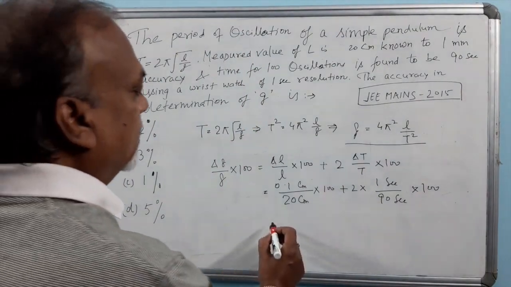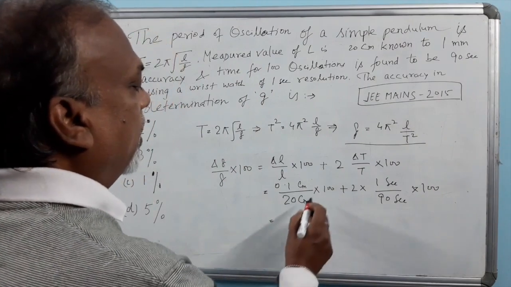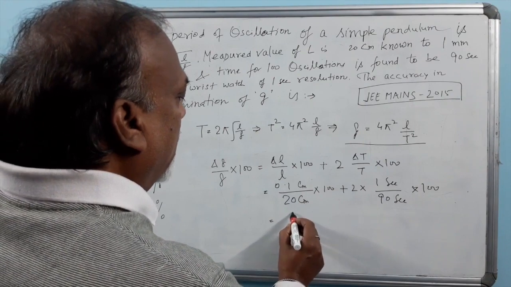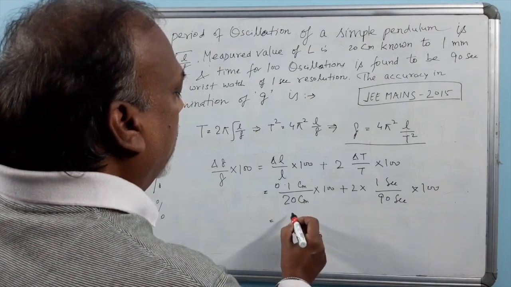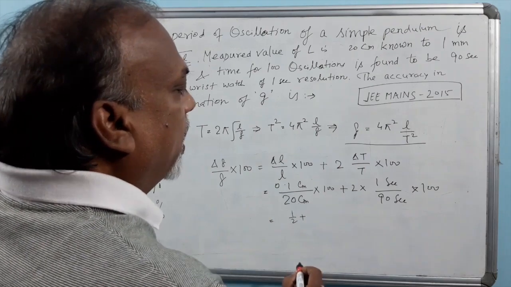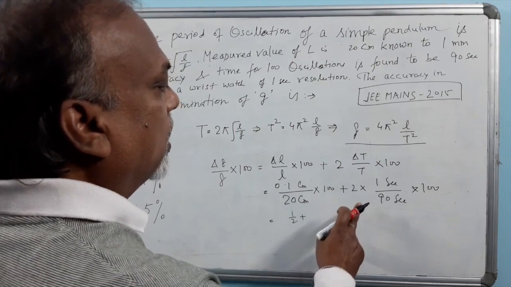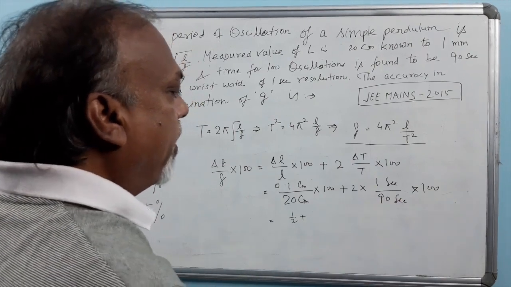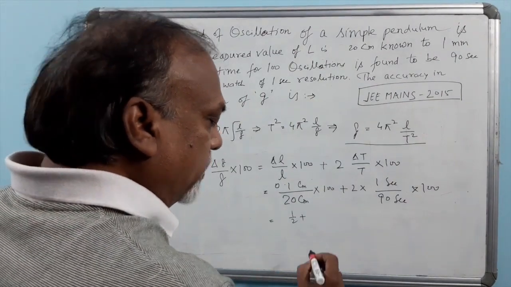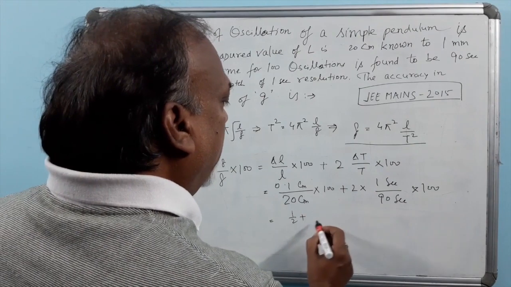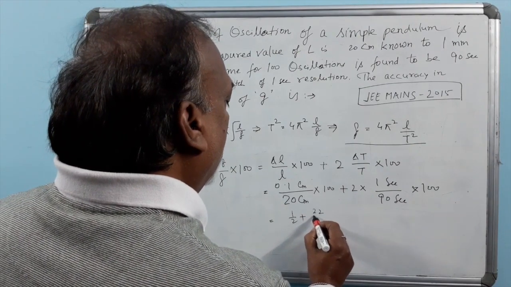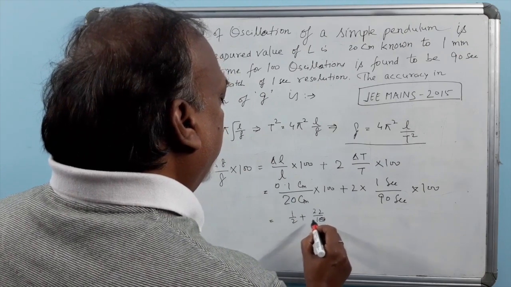So we can find out: this is 1 by 2 plus this, if you simplify, 22 upon 10.